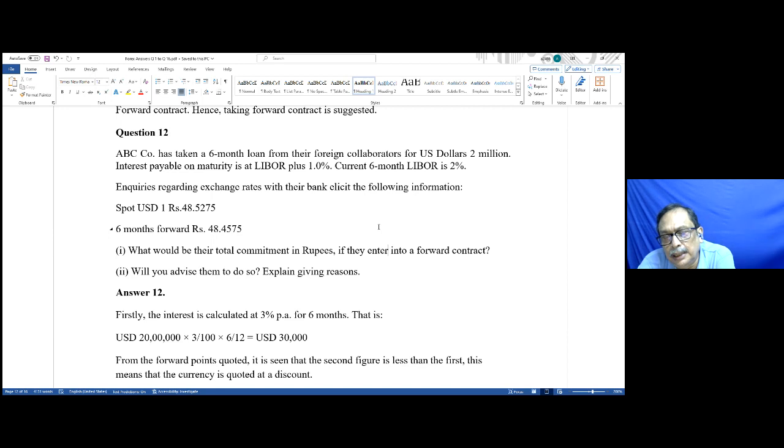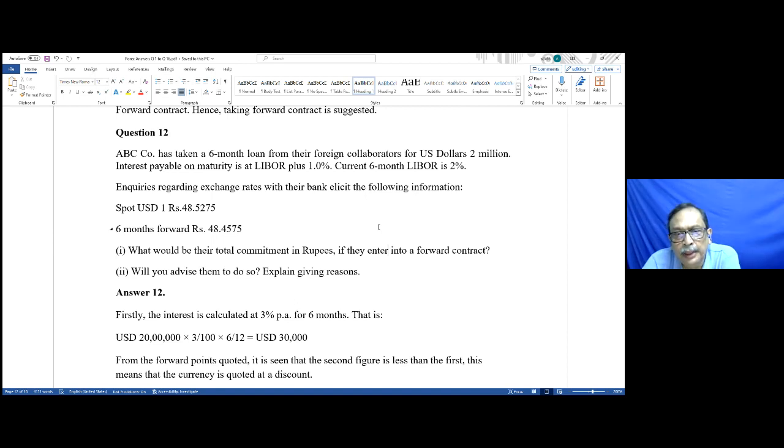Inquiries regarding exchange rates with their bank elicit the following information. Spot USD 1 is rupees 48.5275, 6 months forward rupees 48.4575.